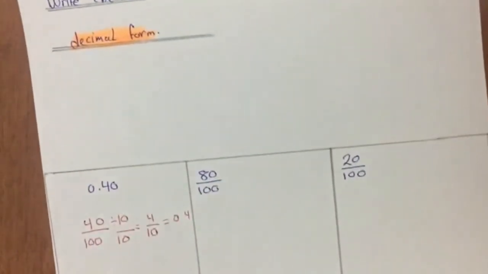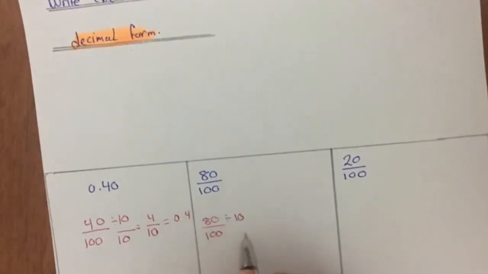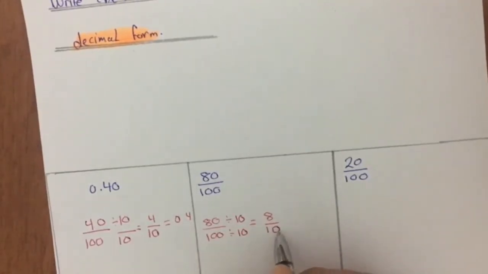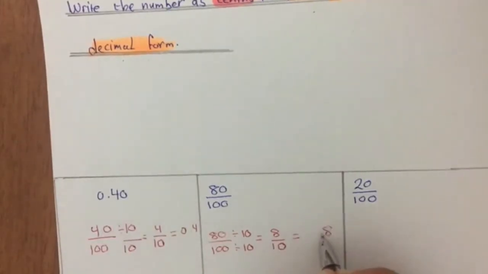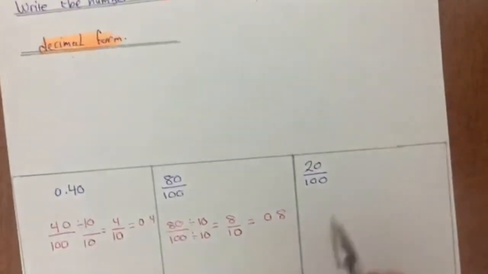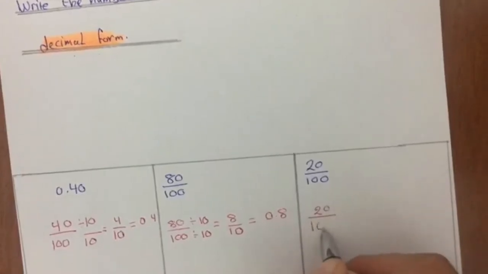80 out of 100. This is as hundredths. I need to write it as tenths. I divide both numerator and denominator by 10 to get 8 out of 10. This is in fraction form. They want me to write it also in decimal form, so it will be 8 tenths. 20 out of 100.